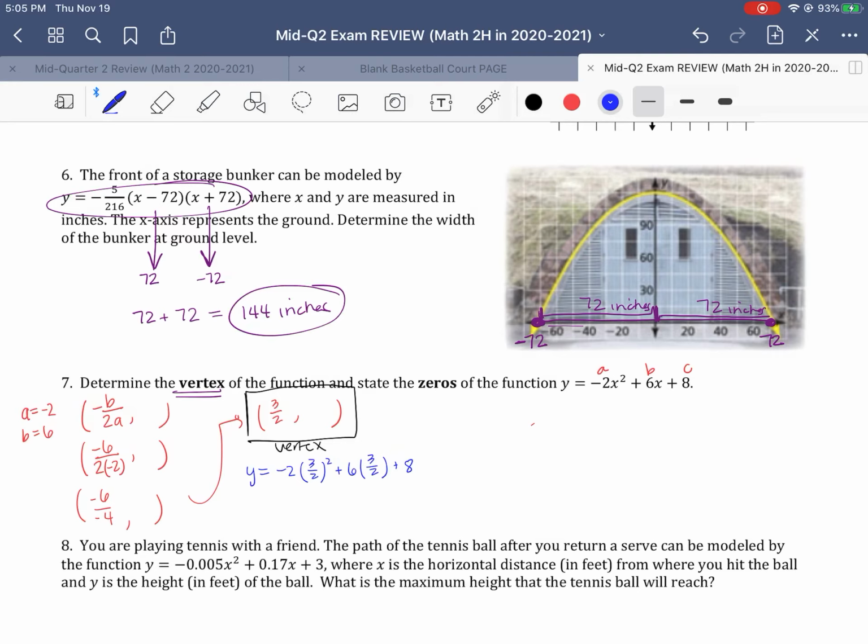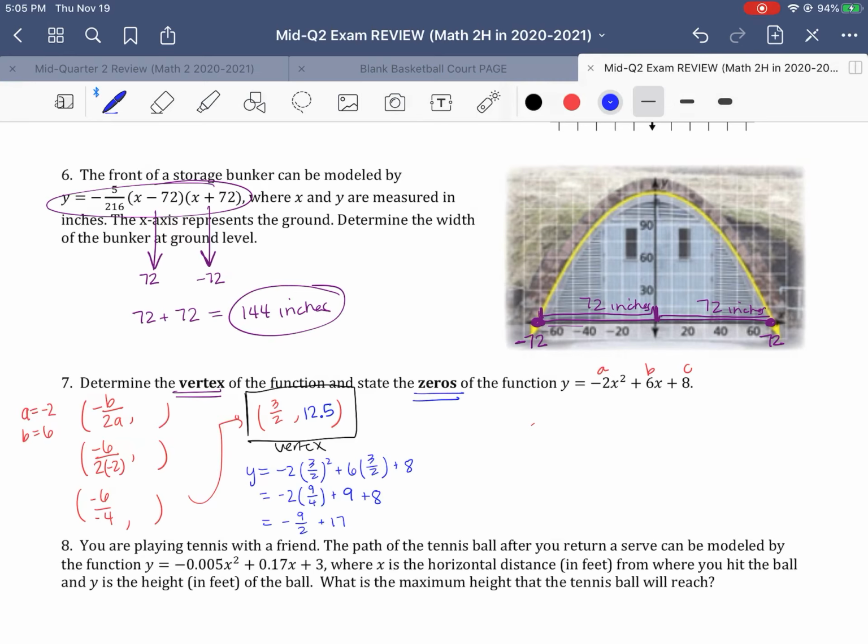If you calculate that, and you can do this in your calculator, it's 9/4 plus 18 over 2, which is 9 plus 8. So we end up with negative 9/2 plus 17. Looks like we're going to get 12.5. So 12.5 here, or if you want to leave it as a fraction, you can. It's kind of weird, 1 fraction, 1 decimal.